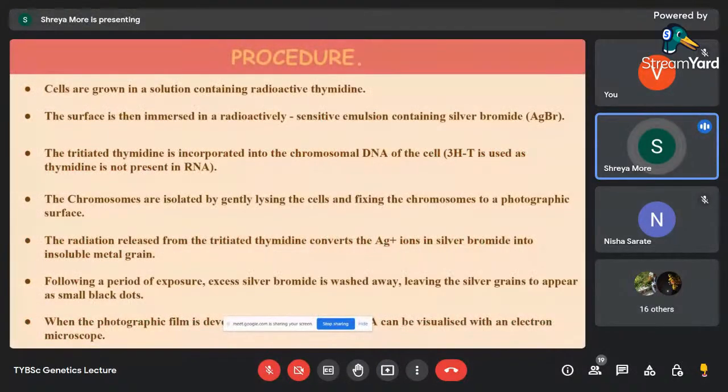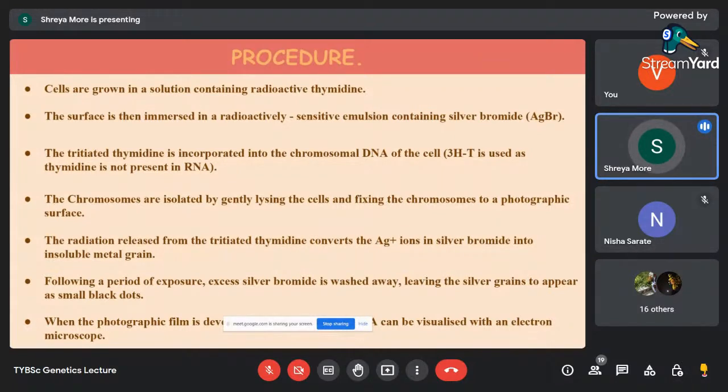So what was the procedure of the experiment? Basically the cells are grown in a solution containing radioactive thymidine. Then the surface is immersed in a radioactively sensitive emulsion containing silver bromide. Silver bromide is used as it is sensitive to light. The tritiated thymidine is incorporated into the chromosomal DNA of the cell. Then the chromosomes are isolated by gently lysing the cells and fixing the chromosome to a photographic surface.